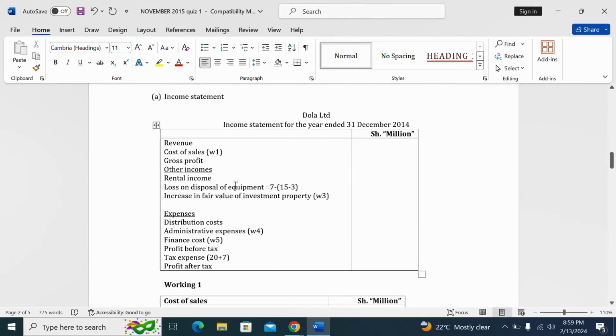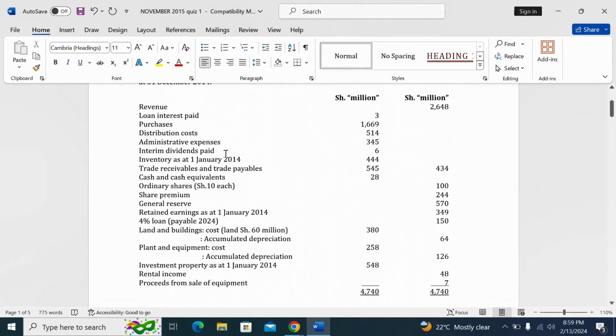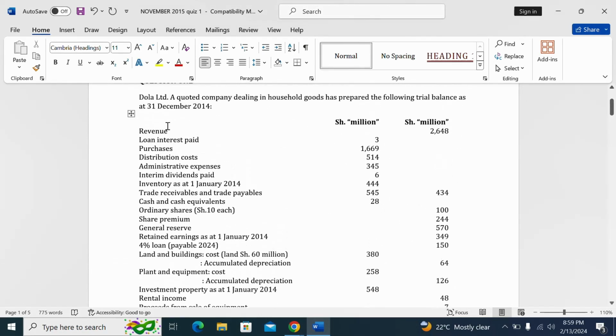There was no adjustment about revenue. We just take revenue from the trial balance.